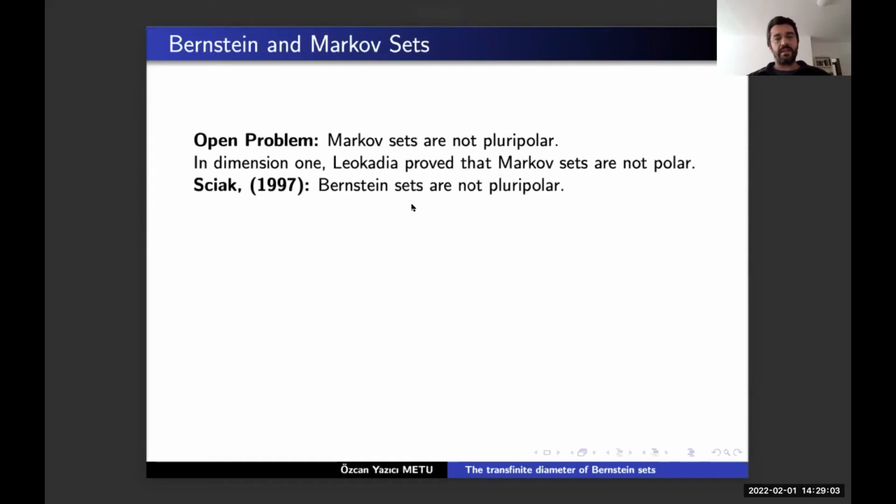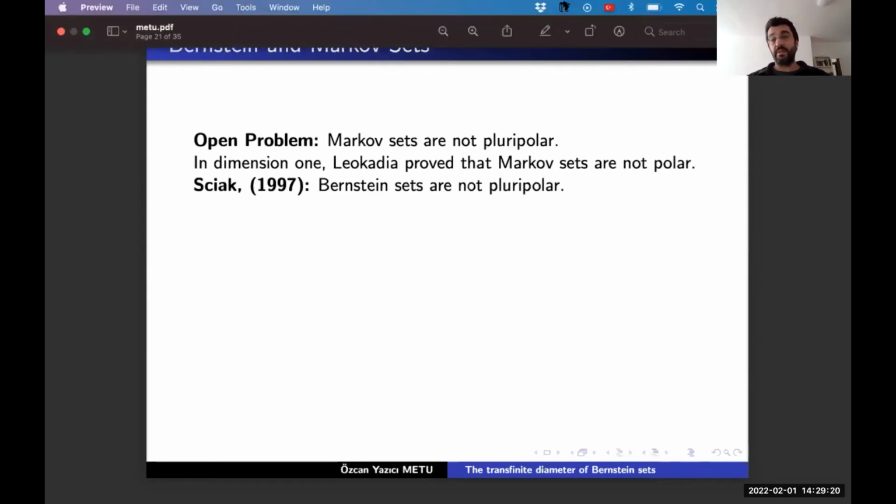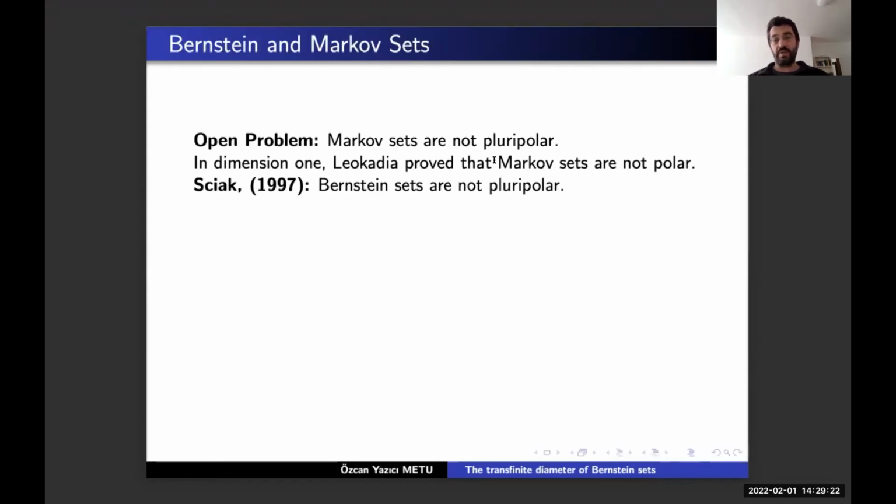In 1997, Sicak proved that Bernstein sets are not pluripolar, and this is in any dimension, even in higher dimensions. That means they are not small, so they are not contained in the minus infinity locus of a plurisubharmonic function. Remember the definition of pluripolar: pluripolar sets are small sets, you can think of it like that.